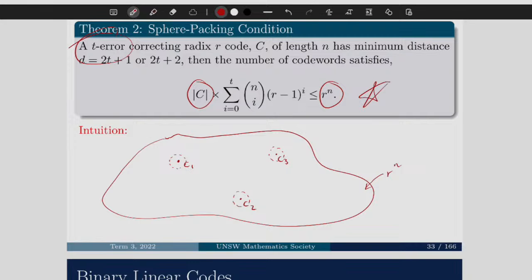And naturally, as this increases, so if it's not 1, if it's like 2, then this space where it is able to correct increases, right? And you can see that no matter how large this gets, we can never find code words that are outside of this area. So hence why we have that inequality here. It always has to be less than or equal to, right? But moving on, this is essentially the concept behind this, right?